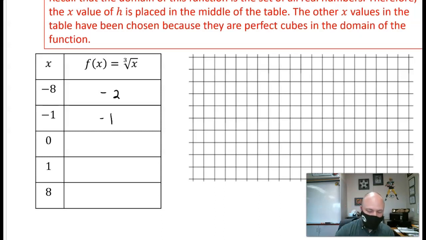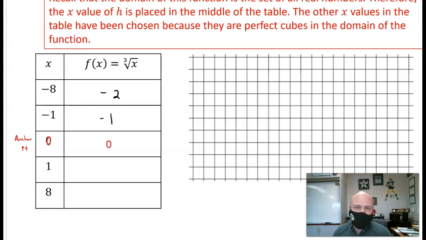The next cubic root value, 0, and I'm going to put it in red because this is our anchor point. And maybe make a note here, anchor point. This is the point that we're going to translate first, and then all the other points hold their relationship to this point. So if I plug in 0, the cubic root of 0 is 0.